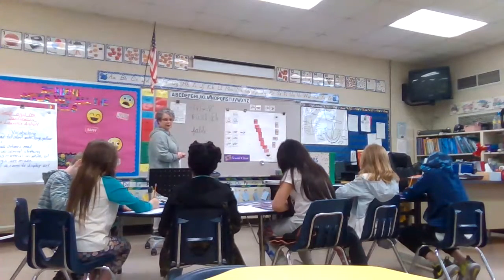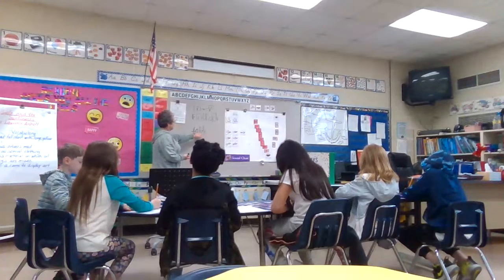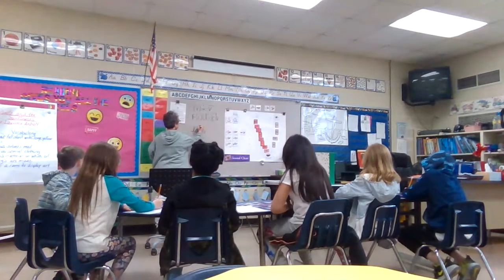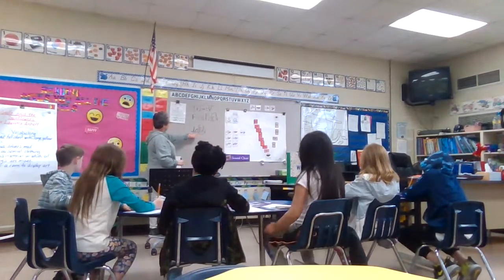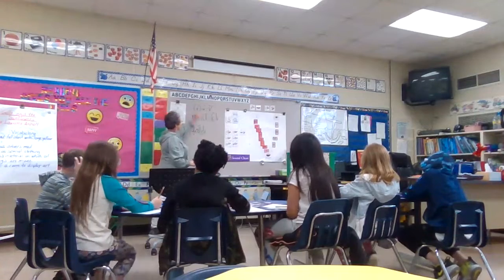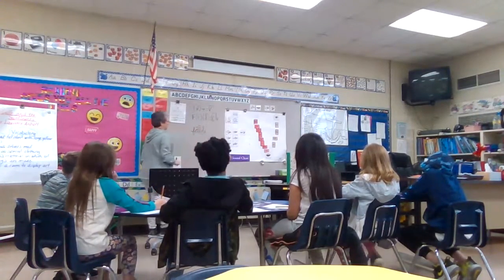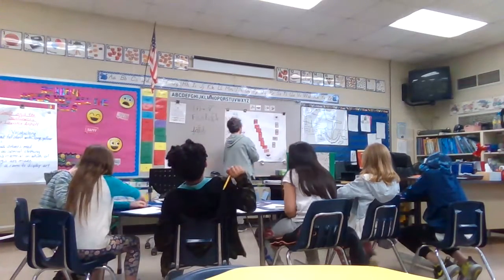Okay, now let's code it. I have consonant L-E, so we know that's a final stable syllable. We need to bracket it in. Now I have a vowel in an open accented syllable. My vowel will be long. I code it with a macron. And our word is fable. Okay, replace your sound pictures.